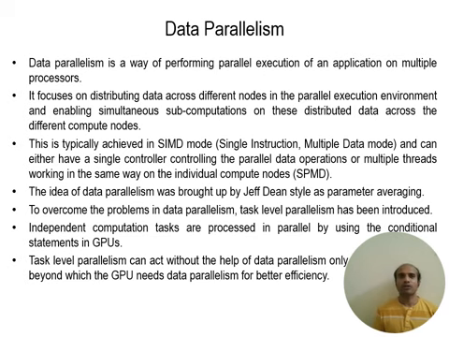So with that, about the different types of parallel processing and the examples of parallel processing, let us move on to understand what this data parallelism is all about. Data parallelism is a way of performing parallel execution of an application on multiple processes.